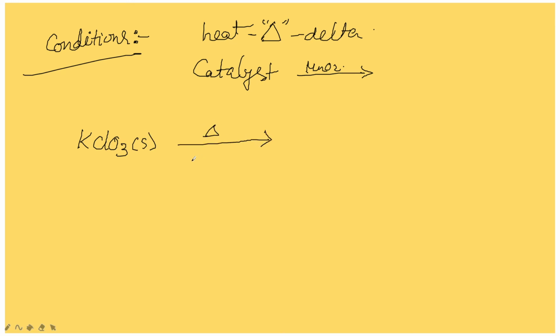In the presence of heat and manganese oxide it gives KCl plus O2. We need to balance: 2K on both sides, and oxygen, 3 twos are 6 on both sides. Here delta stands for heat and MnO2 is the catalyst.